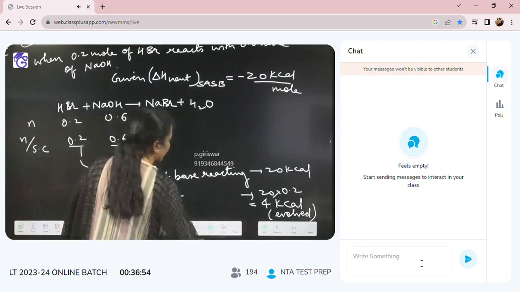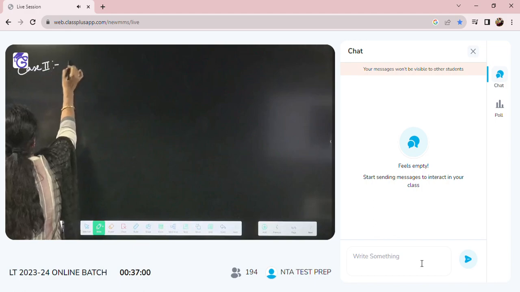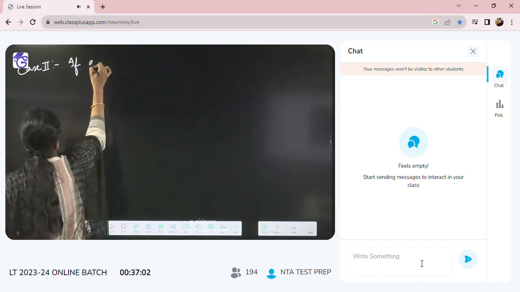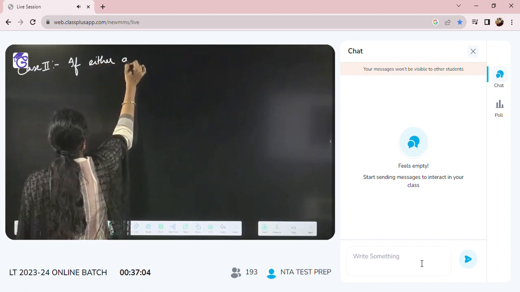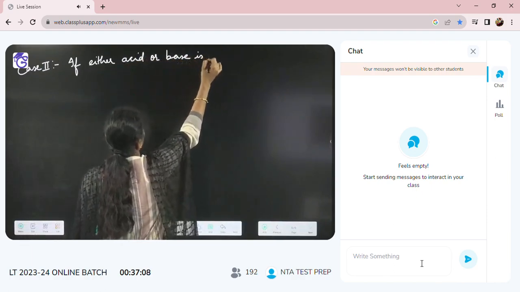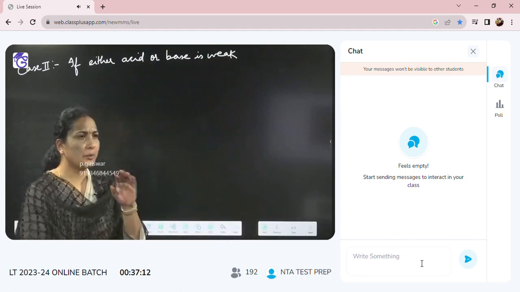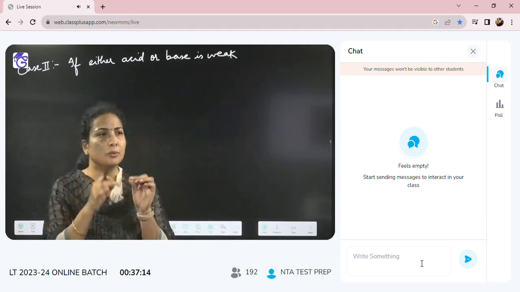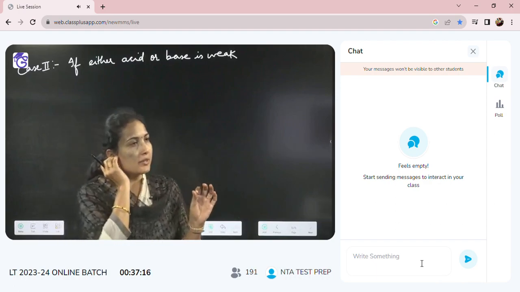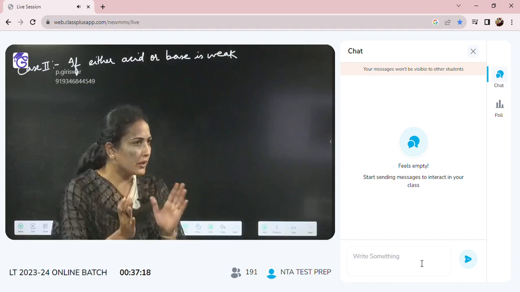Now let us go further to the next case here. Case 2: if either acid or base is weak. For the strong acid, strong base case, it is very clear: you simply have to see whether one equivalent is reacting with one equivalent, or how many equivalents are reacting with each other.